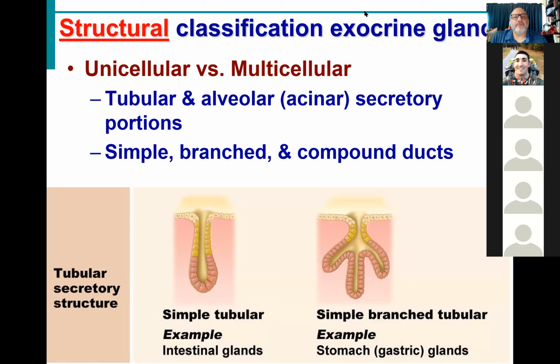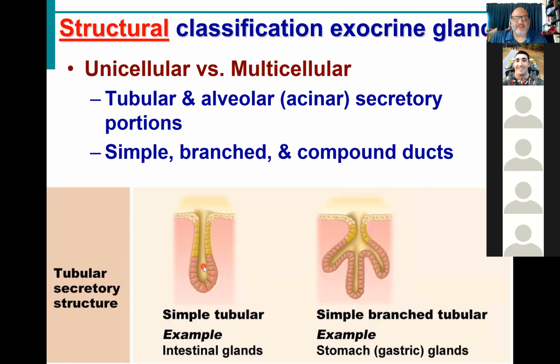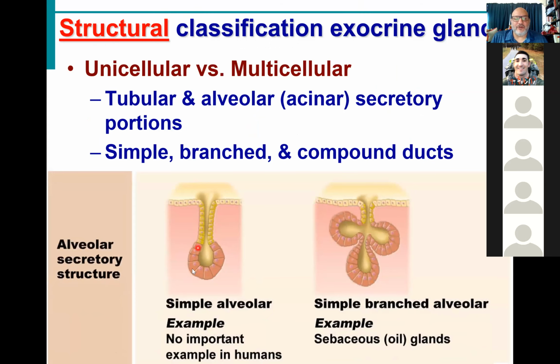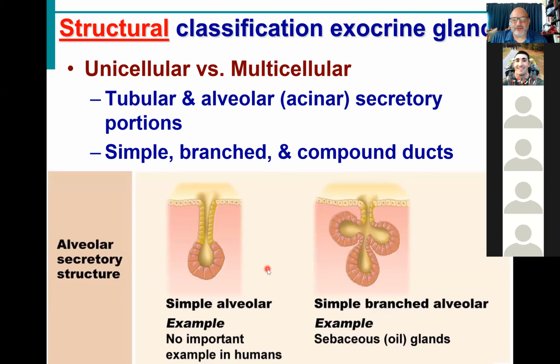There it is. They have color-coded the duct and color-coded the secretory structure to differentiate them. And these are kind of long, narrow tubes. But those are the balls. Notice it's not that much of a difference the way they draw between the alveoli and the tube. They don't really distinguish it quite as obviously as I do.